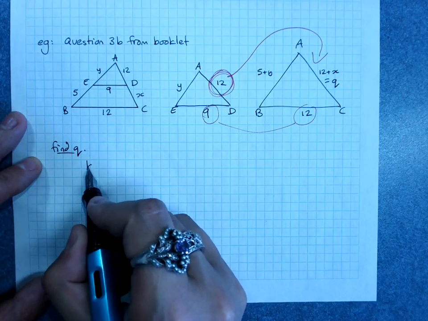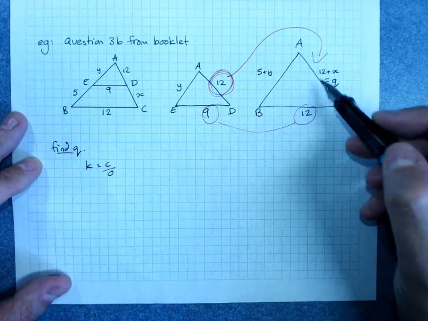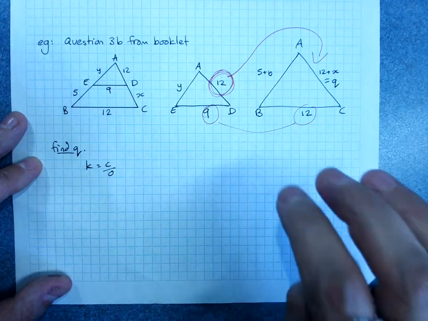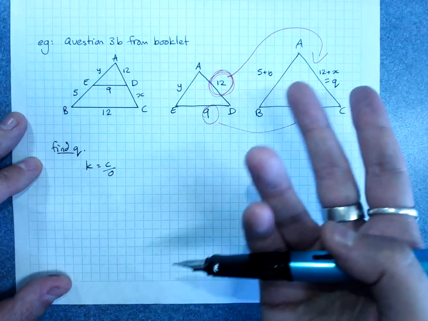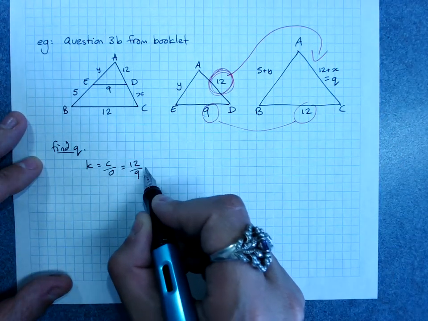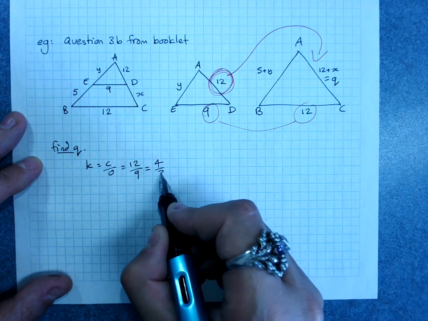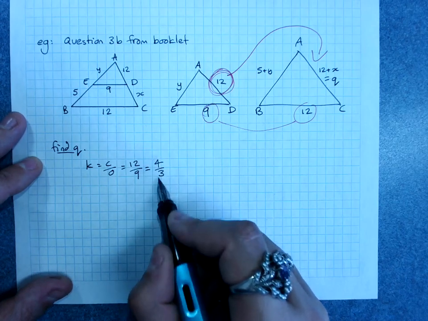First I need my scale factor, k, copy over original, and I'm finding Q. I needed to know what I was finding before I did the scale factor, because that's whether it's 9 over 12 or 12 over 9. Because this is the copy, it will be 12 over 9, which we should be able to simplify down to 4 over 3. Leave it as a fraction, mixed number, or improper fraction.